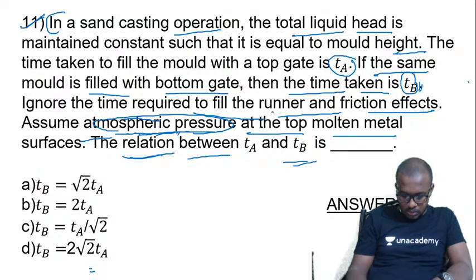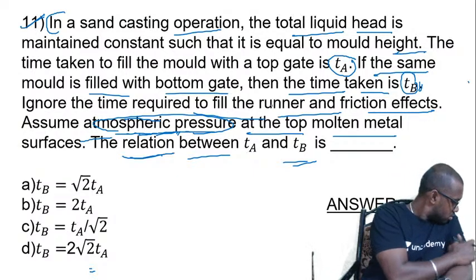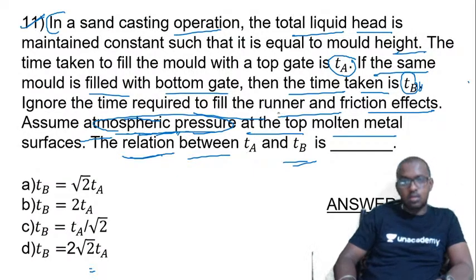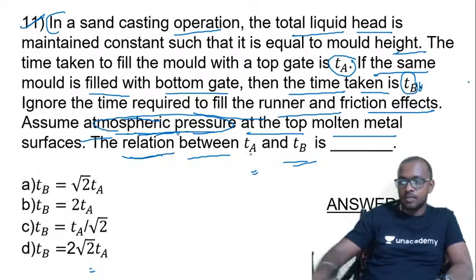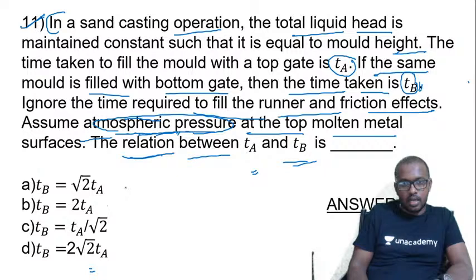So this is the question, as you know. Let me start doing it from my end. They have said TA is the mold filling time taken for the top gate.